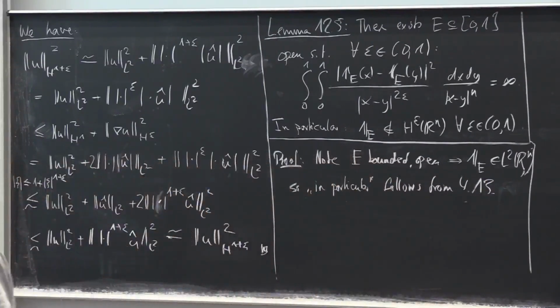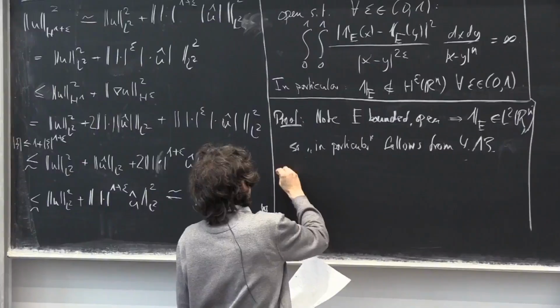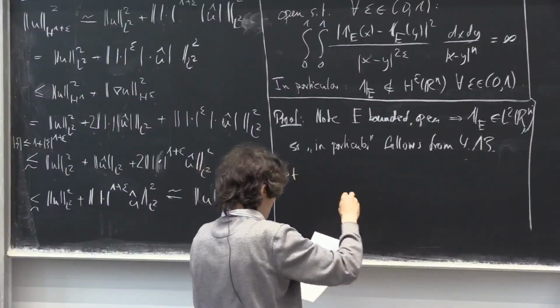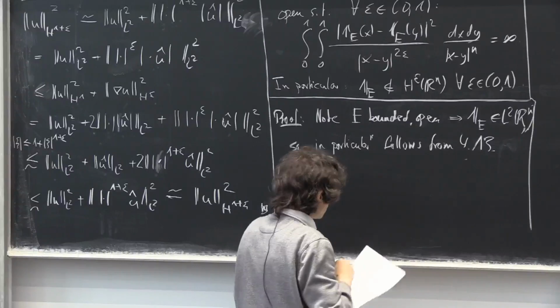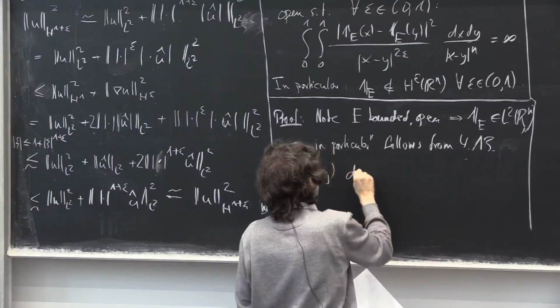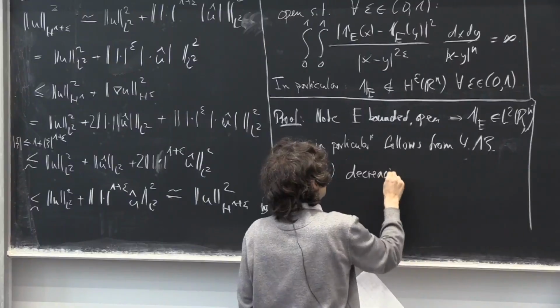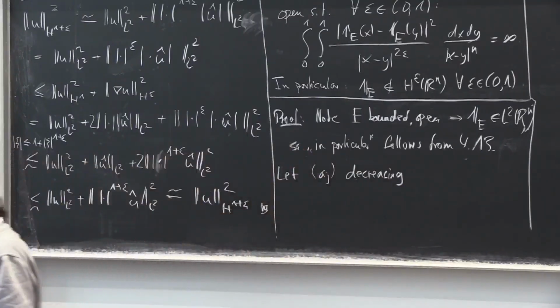Okay, so how do we now get this awful set E? One way to construct it is to choose a particularly chosen sequence a_j. I will give some of the properties that we need in the beginning, and some of the properties that we need will get clear at the end of the proof.